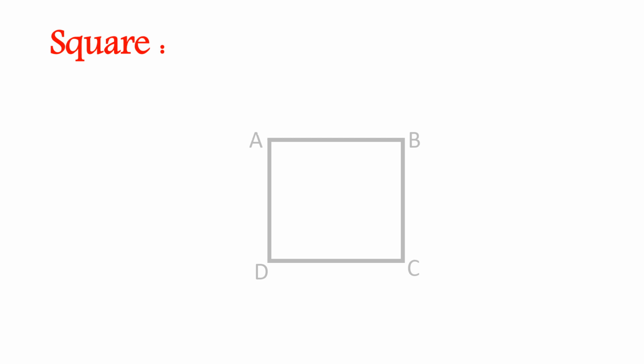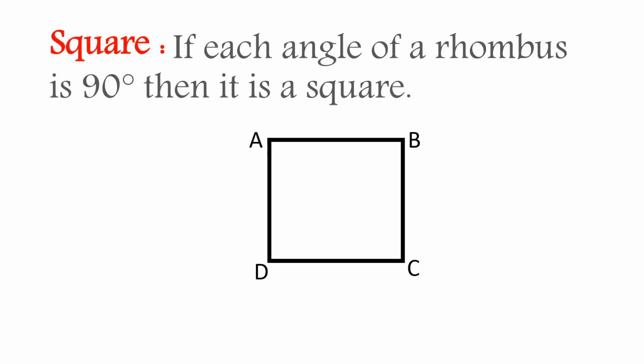Square. If each angle of a rhombus is 90 degrees, then it is a square. Look at this figure. Here seg AB, seg BC, seg CD and seg AD are congruent, and opposite sides are parallel.